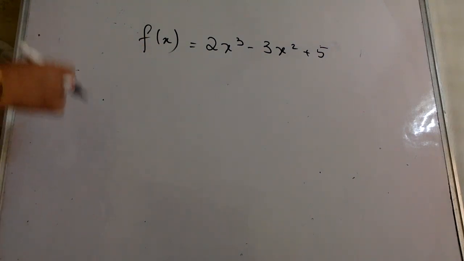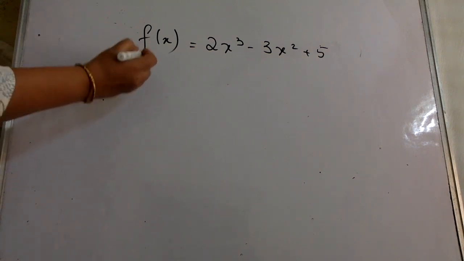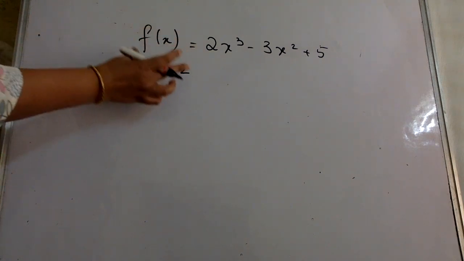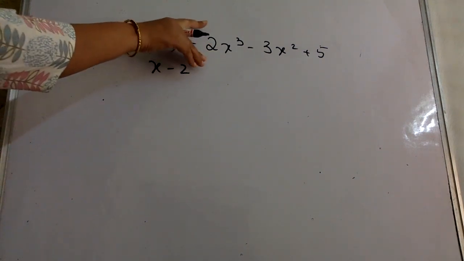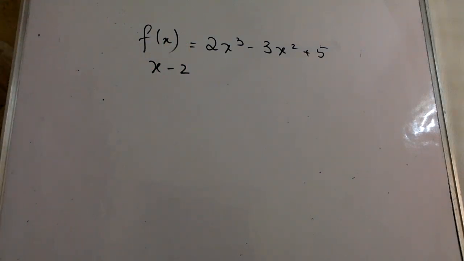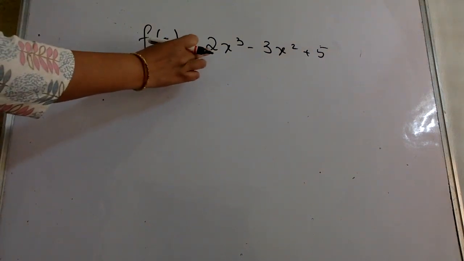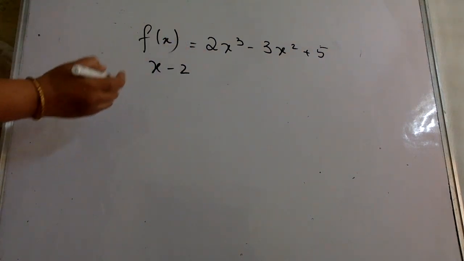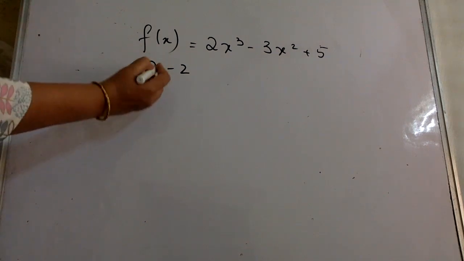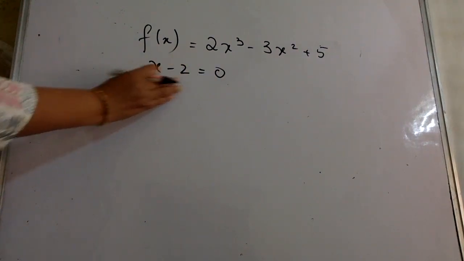Now in remainder theorem they say that if I am dividing this polynomial by x minus 2, which is another expression, then to find the remainder of this division, all I have to do is equate the divisor expression to 0.